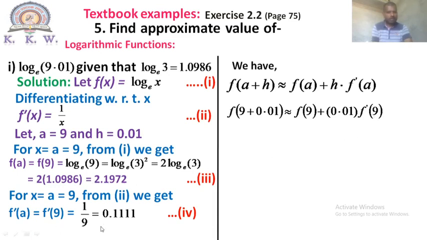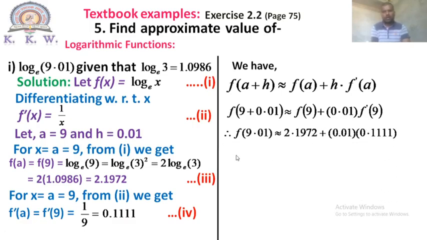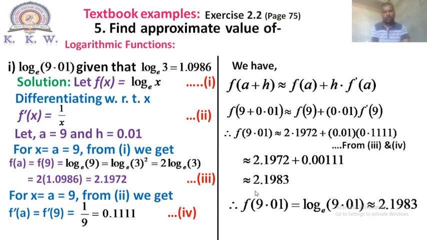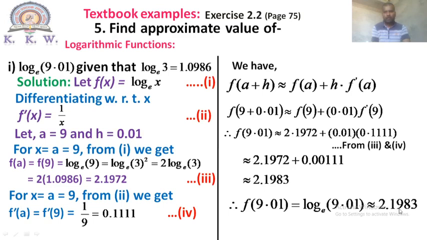F dash of 9 is 0.1111, and value of h is 0.01. Putting this value and calculating, you will get f of 9.01 approximately equal to 2.1983. Therefore, approximate value of log 9.01 to the base e is 2.198.